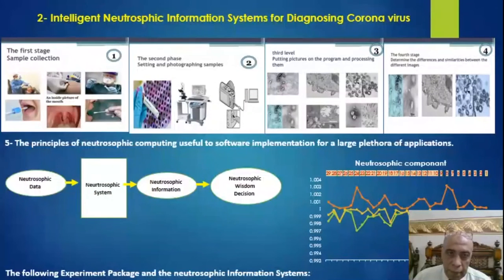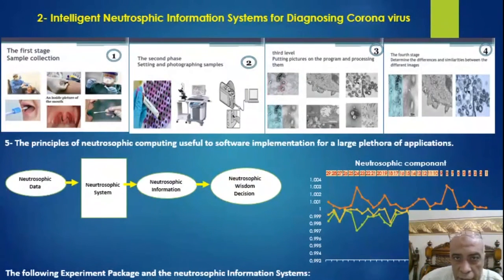A simple abstract, or simple summary, for the intelligent Neutrosophic information system dealing with coronavirus. There are five stages. The first stage, sample collection, and the second stage, photographing the samples.